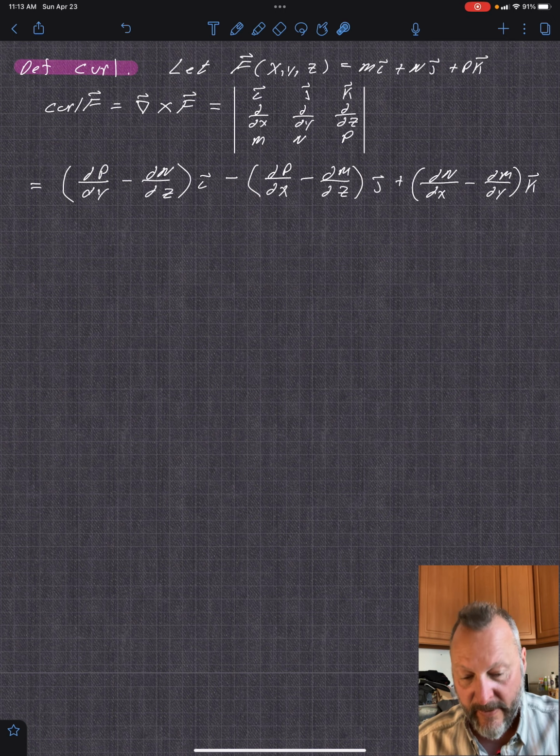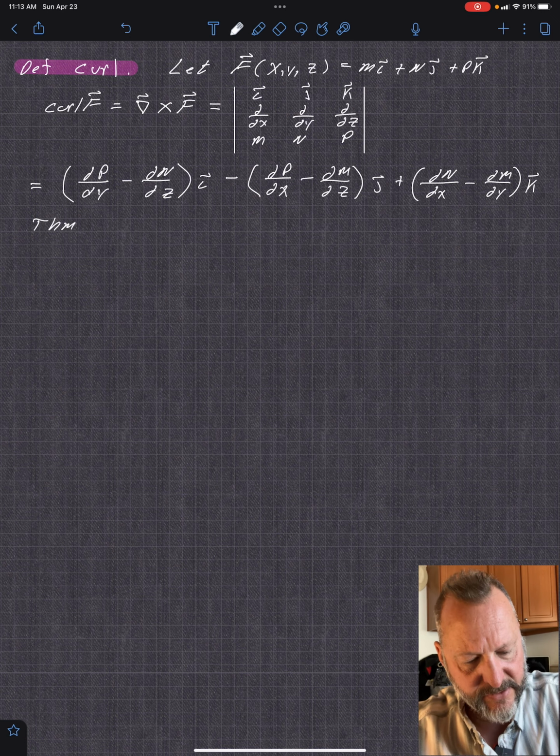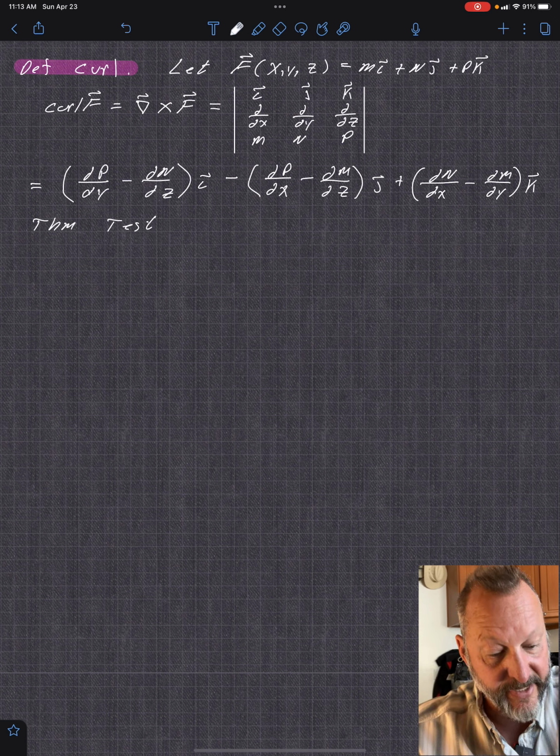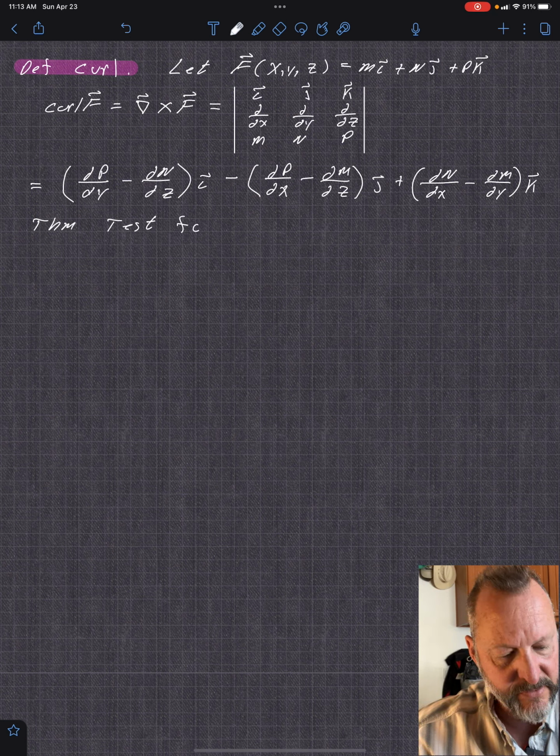So this is test for conservative vector fields in 3 dimensions, in 3D.